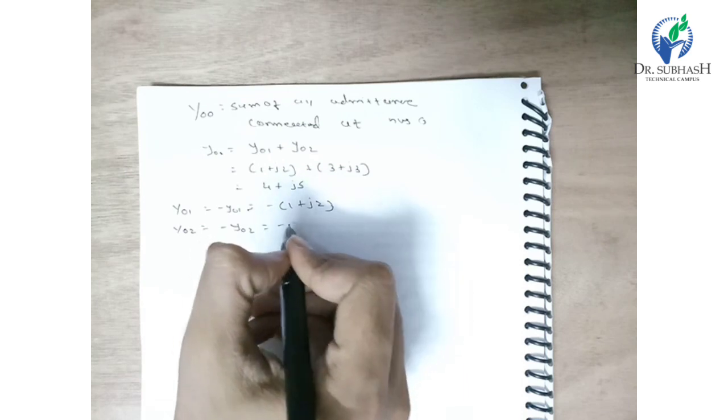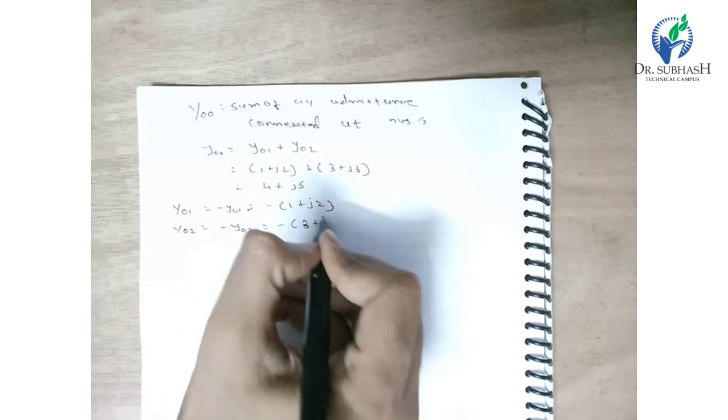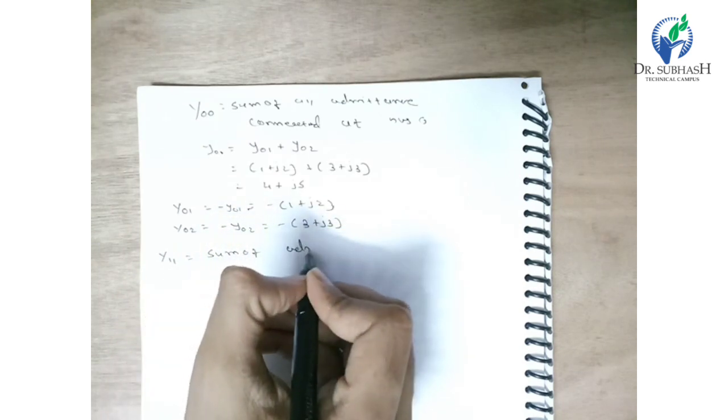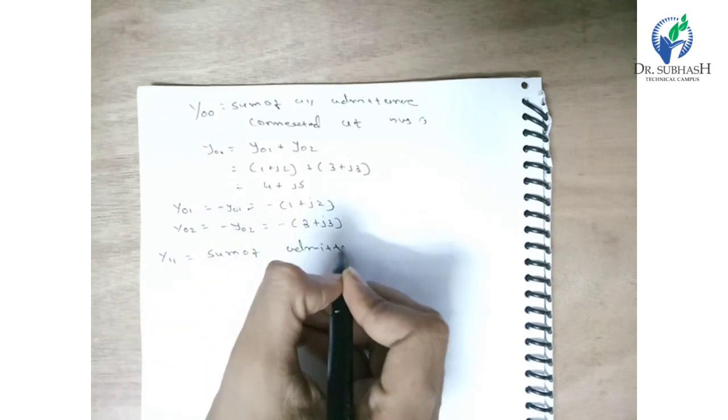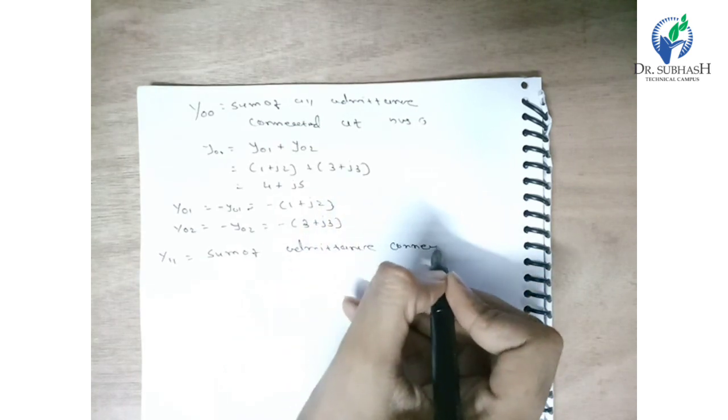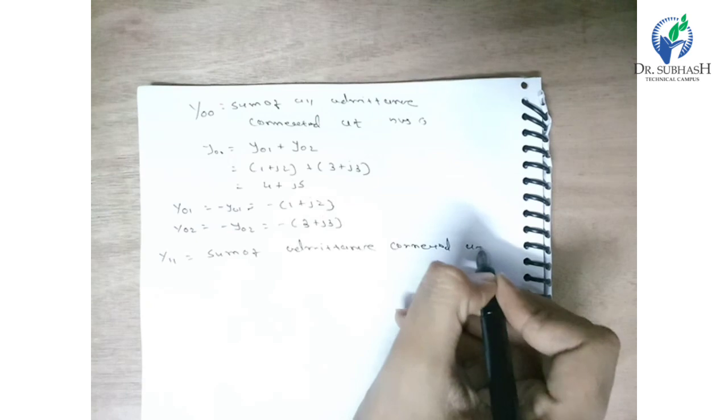The output is minus 3 plus j3. Now we write the sum of admittance connected at bus 1. So y11 is equal to the sum of admittance connected at bus 1.